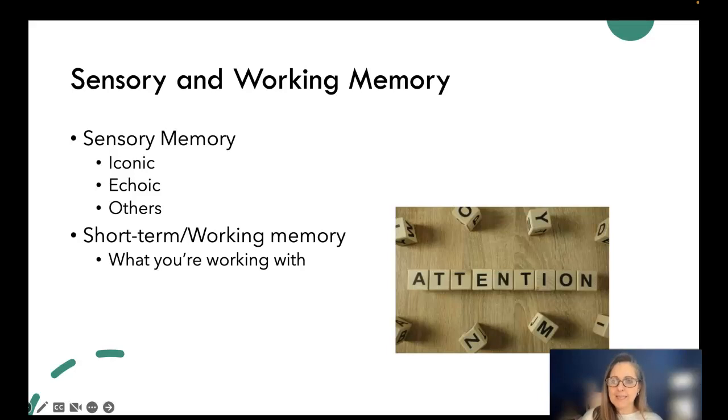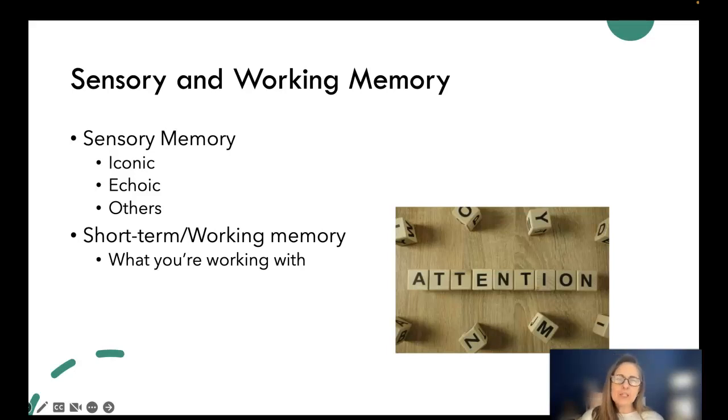When we attend to information that has come into our senses, then that information gets passed from sensory memory into short-term or working memory. So that is what happens in between those two stages. To get information from our sensory memory into our working memory, we have to attend to it.